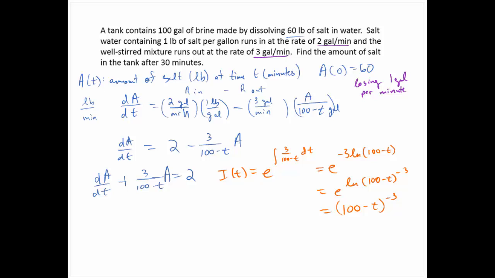And so after simplification, we would have 100 minus t to the negative third times A prime. Now here, this is 100 minus t to the negative first, so that's plus 3 times 100 minus t to the negative fourth times A, is equal to 2 times 100 minus t to the negative third.